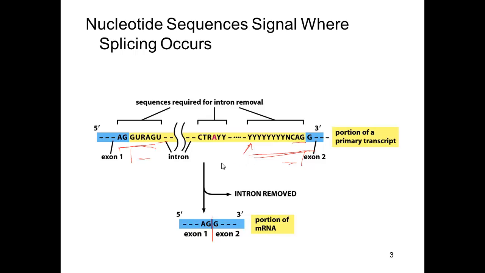Y is for pyrimidine, R is for purine, meaning it could be either A or G. Pyrimidine means it could be either U or C. In the center here you see some of the sequences that are involved, in particular the A, which does some of the chemistry of the splicing reaction, which is also done by RNA molecules.